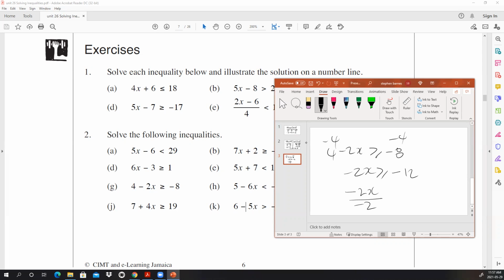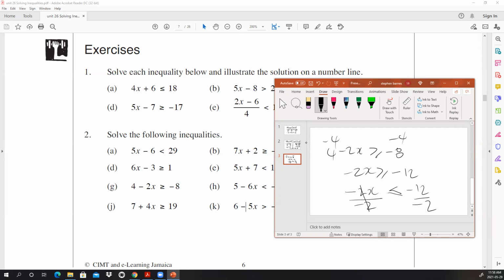But in the line that I do the division, I'm going to change the sign because I divide by a negative number. I have to change the sign on the other side. So hopefully you remember that piece, right?